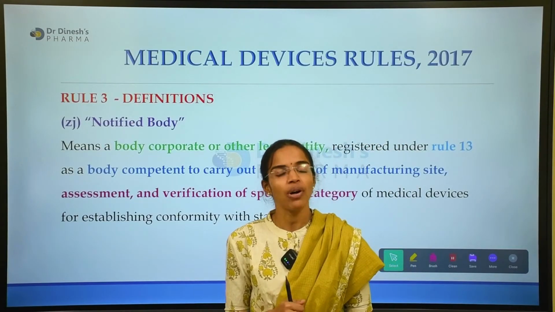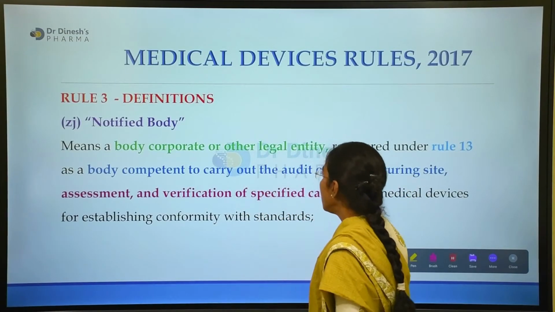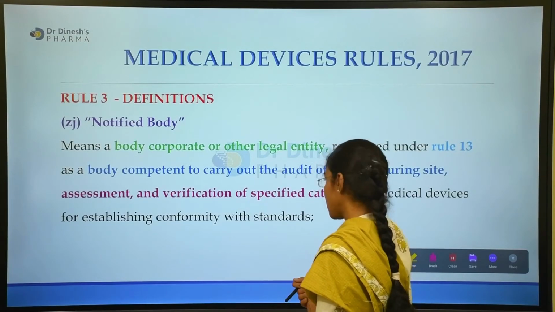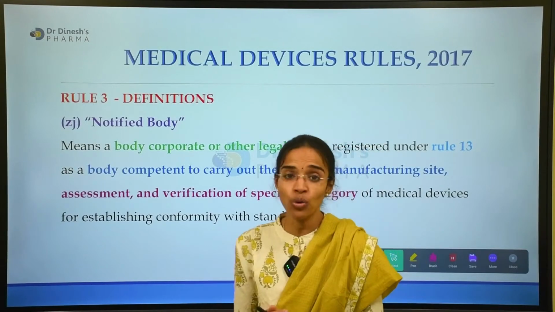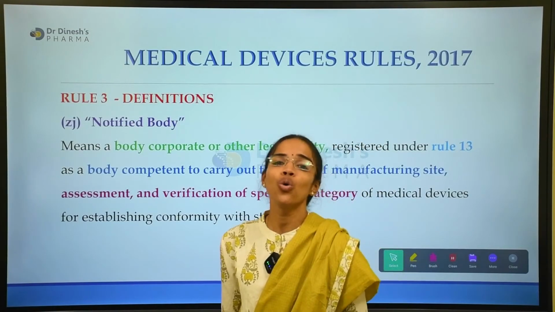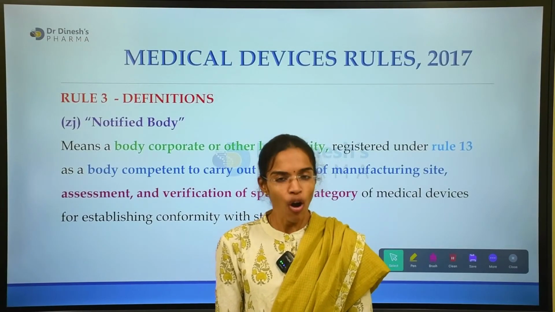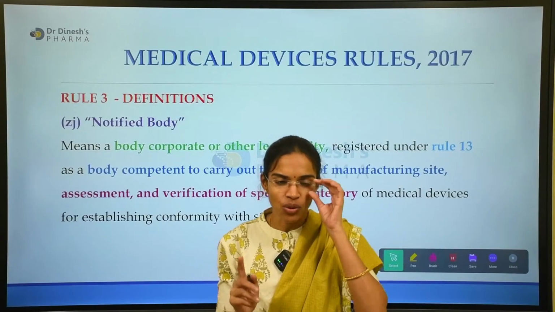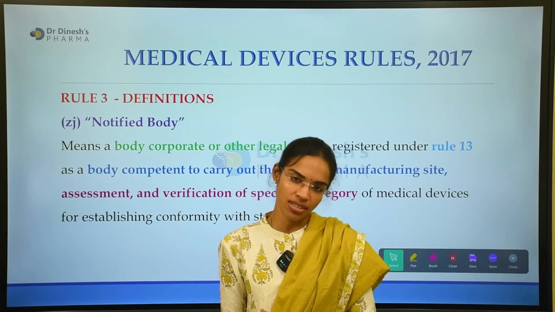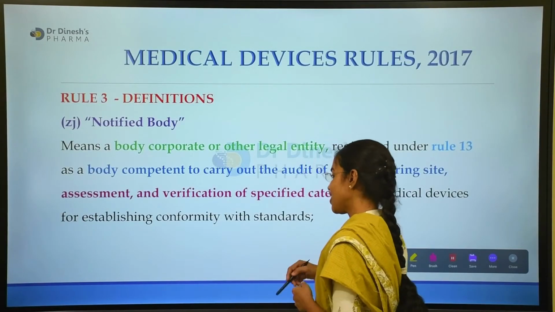Anything like a central licensing authority or a state licensing authority, any legal entity or corporate body who can carry out the audit of the manufacturing site, assessment and all these things, is considered a notified body. These are covered in detail under chapter 3 of MDR 2017, chapter 3 rule 13 of MDR 2017.